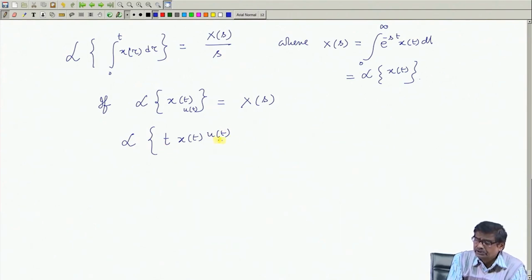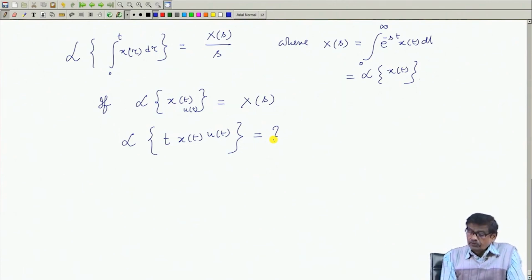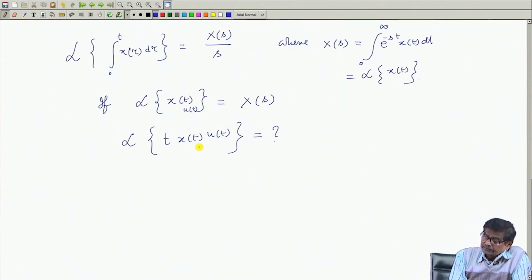You recall t into u(t) is r(t), that ramp function. So, if you multiply a function with a ramp function, what will be its Laplace transform? We want to find out. Now, to do this, the proof is very simple and interesting.